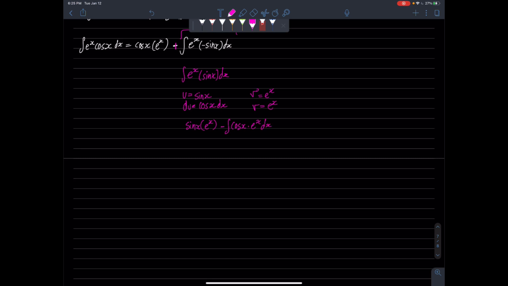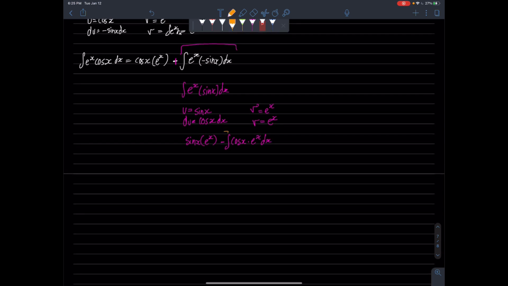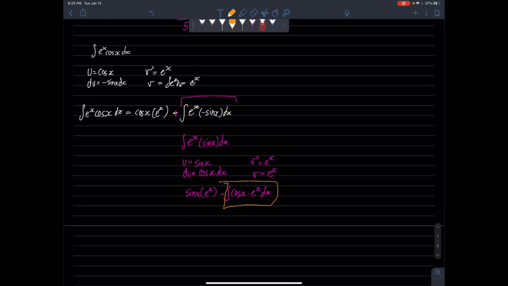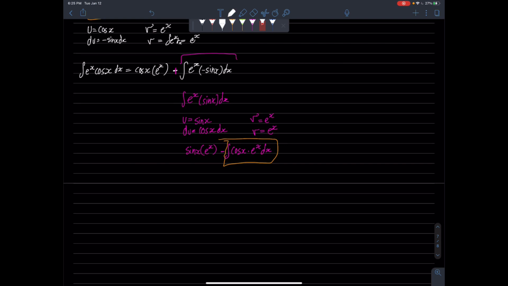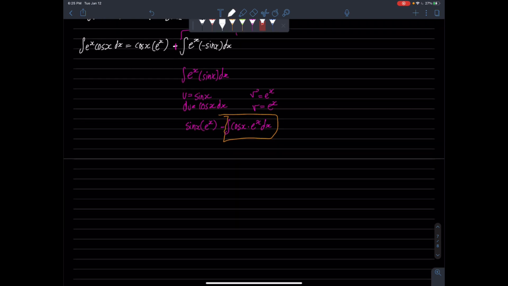So look, we have this here again. That's the question. And we have a statement, no? We have an equation. So our equation is the integral of e to the x cos x dx is equal to cos x e to the x plus that, plus this entire thing. So now we can just isolate.